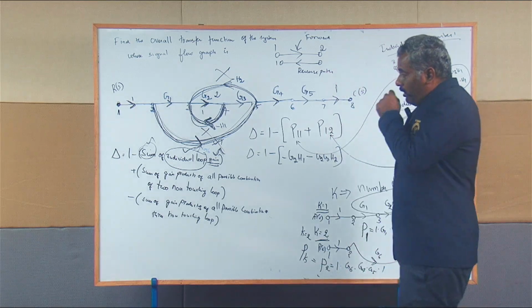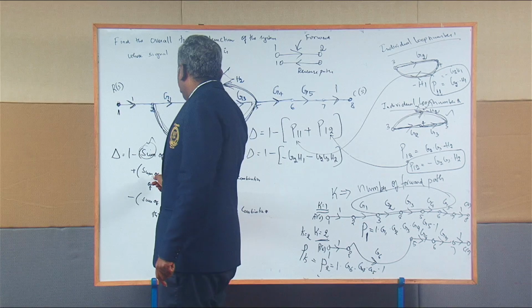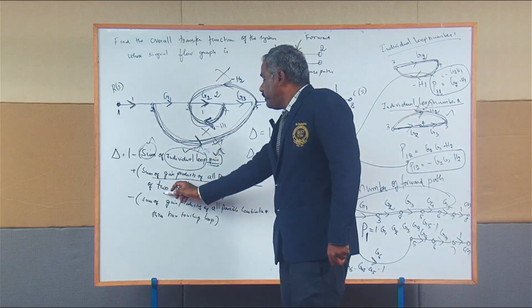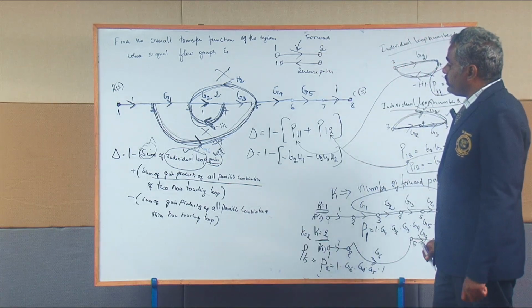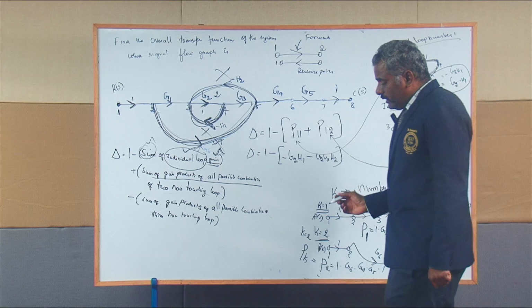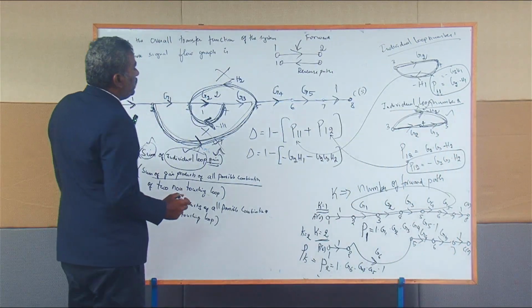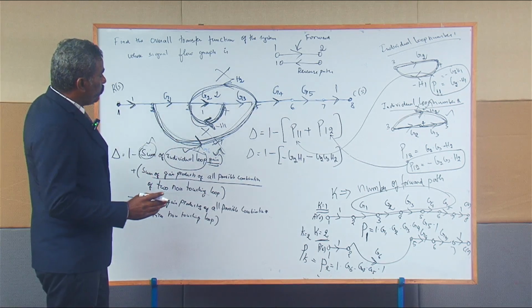Then you may go with the sum of gain products of all possible combinations of two non-touching loops. Is there any possible combination of two non-touching loops? Next you may look at the possible combinations of two non-touching loops.